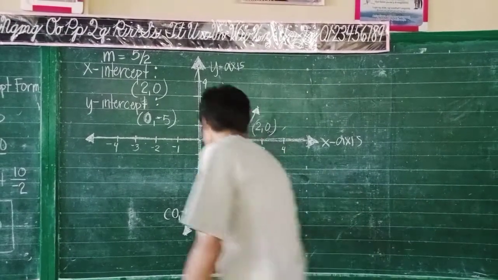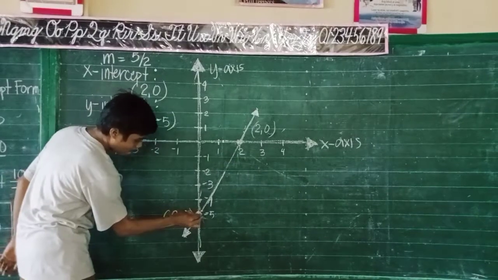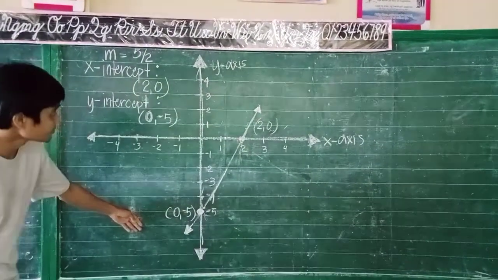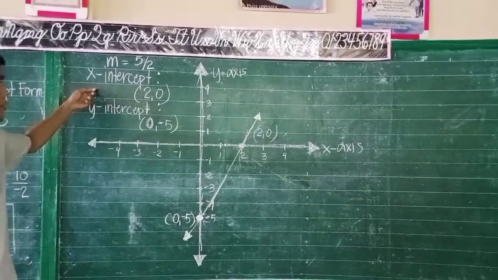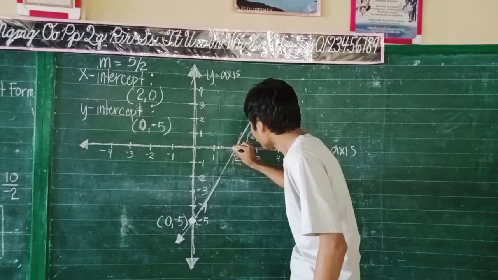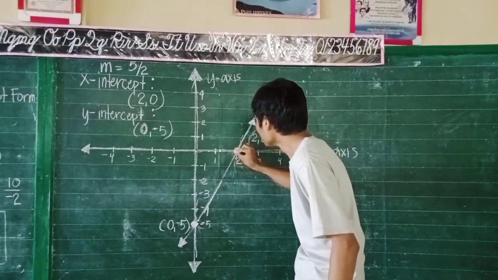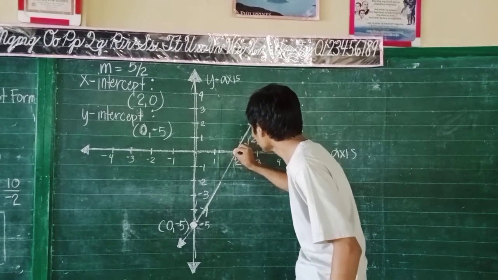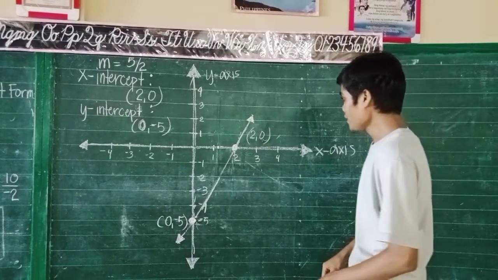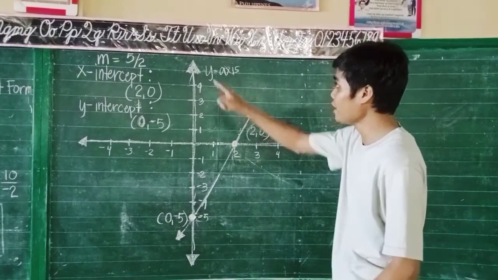It is located here. And then our x-intercept point, we would locate here, (2, 0). And here, the slope is 5 over 2.